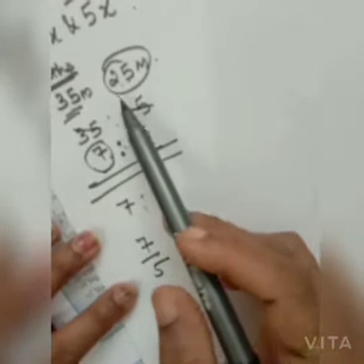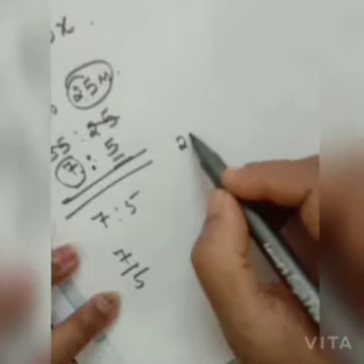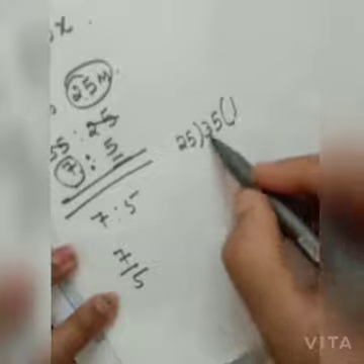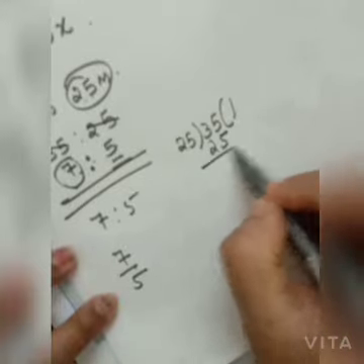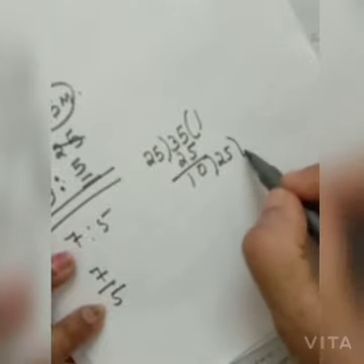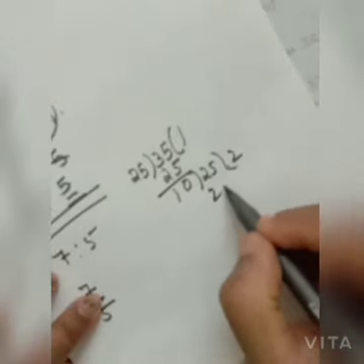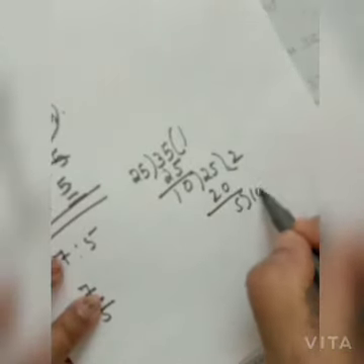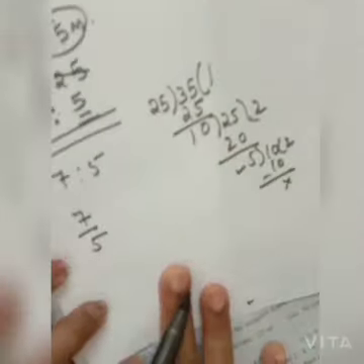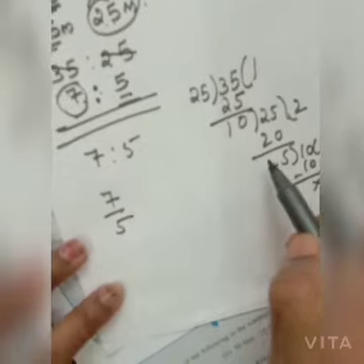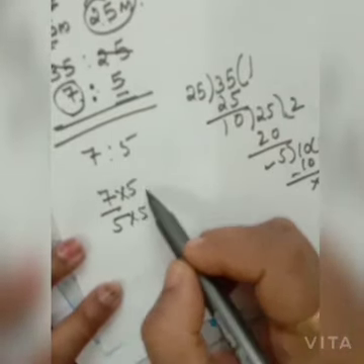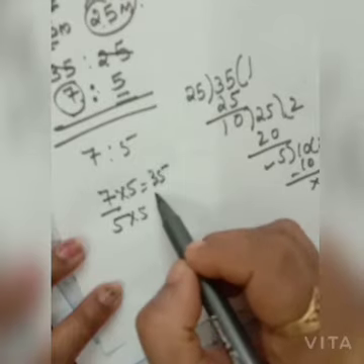HCF will be 5. What is the HCF? 5. So you multiply with your HCF, you will get the original number.